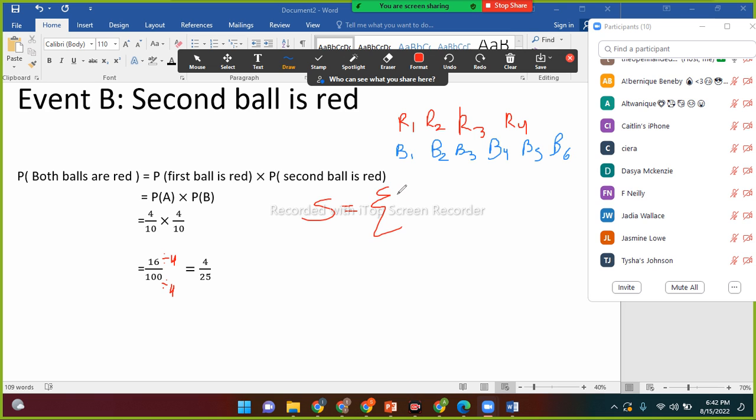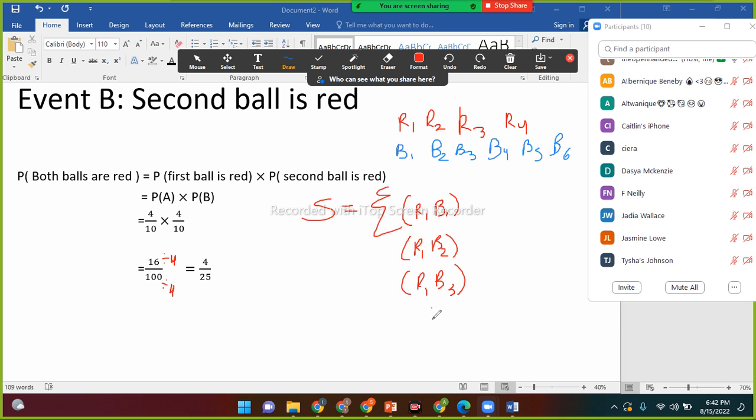All right, good. So in order for us to figure out all the elements in the sample space, we'll do everything with R1. So it'll be R1 with B1. Then it could be R1 with B2. Then it's going to be R1 with B3. You understand what I'm saying, Deja?